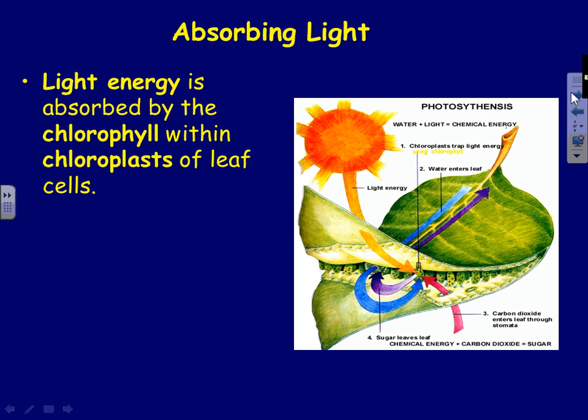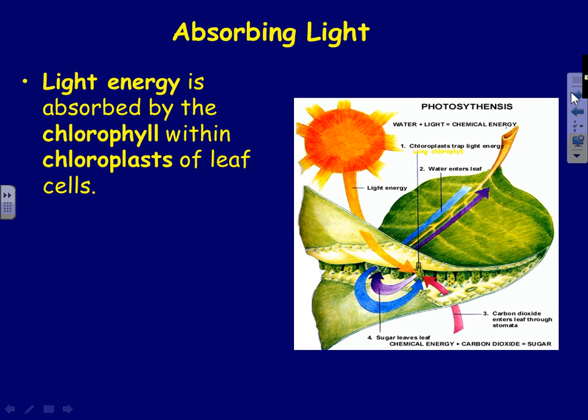Okay. So let's talk about the processes that need to take place in order to supply the plant with each of these things. So we're going to talk about the structure of a leaf in a moment in order to explain this. So light energy is absorbed by the chlorophyll.